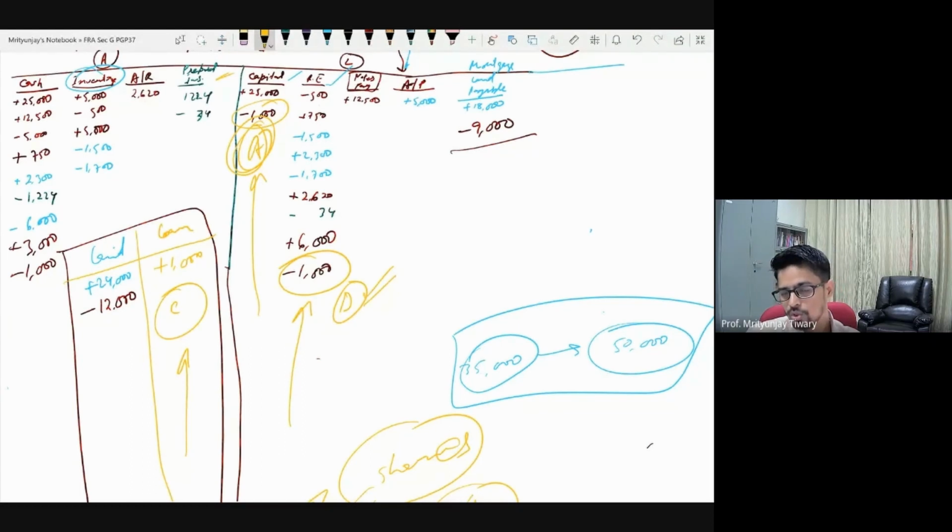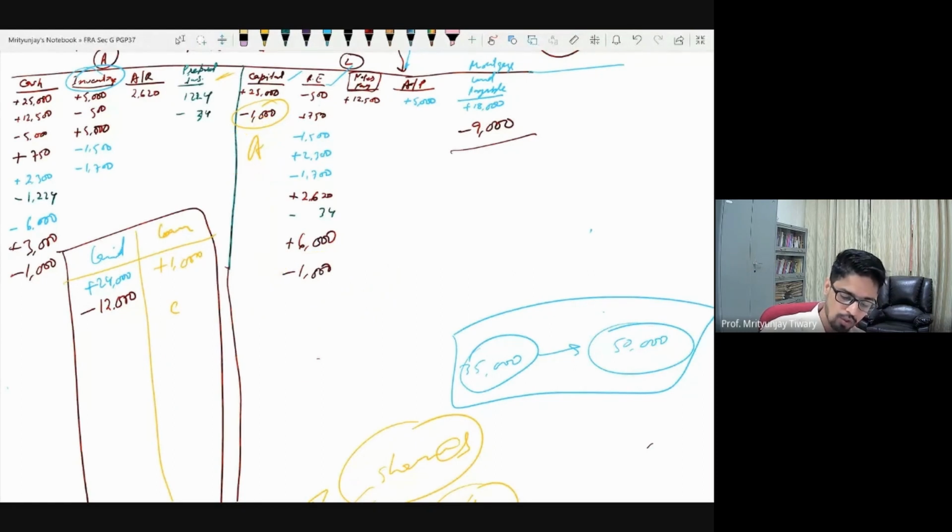Now, what have I told you just now? If it was a company, they would have made the jargons so clear that you would have known which of these three treatments is applicable. Unfortunately, in case of a sole proprietorship, it is not going to be that clear. For example, let us say it is Arpdeep's own firm.